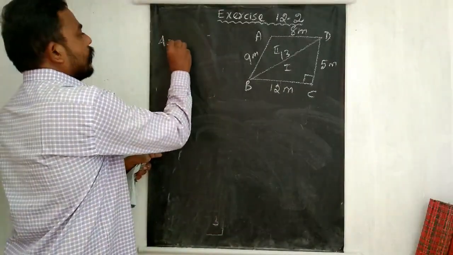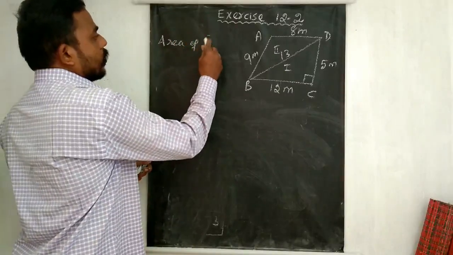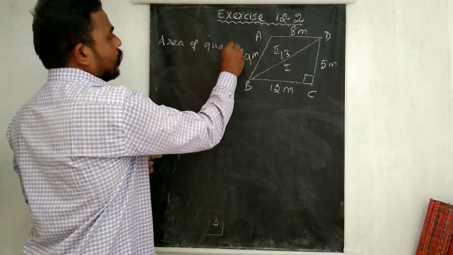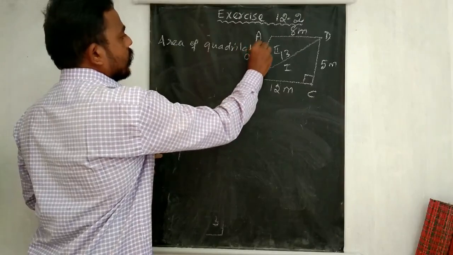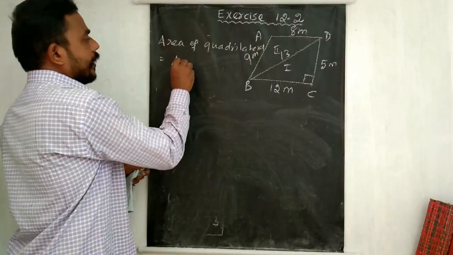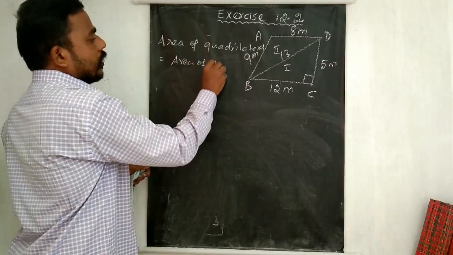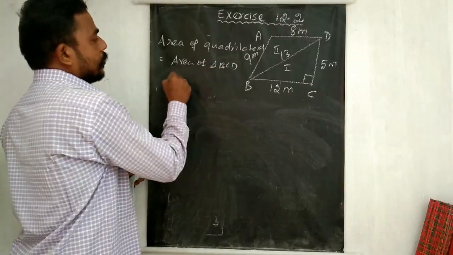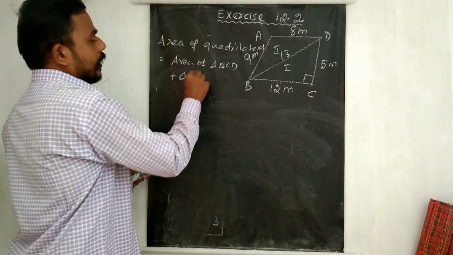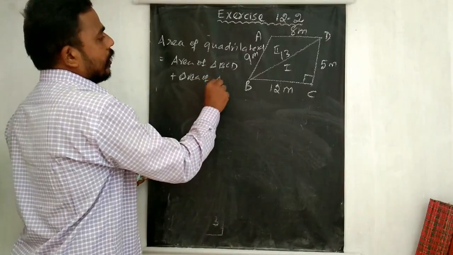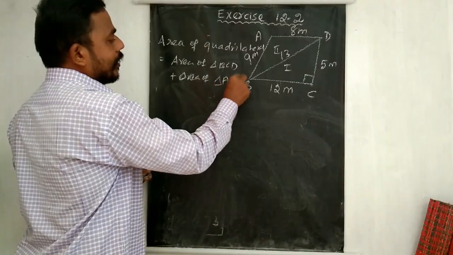So area of quadrilateral equals area of triangle BCD plus area of triangle ABD.